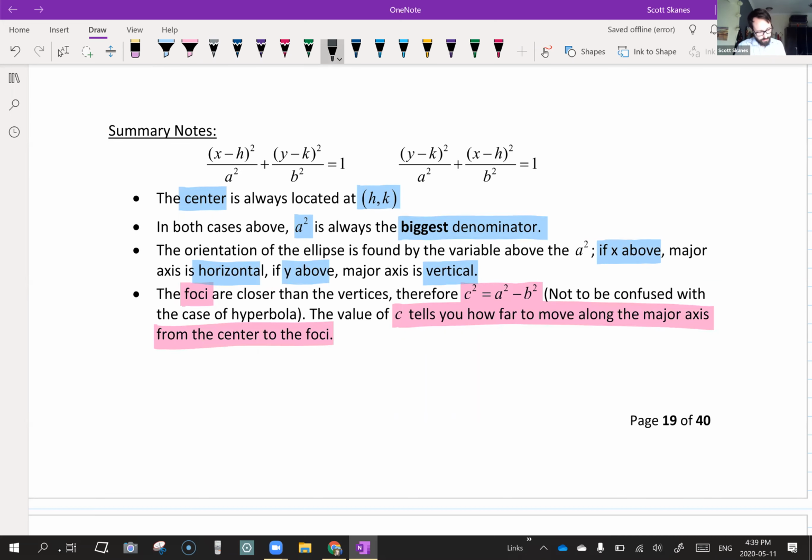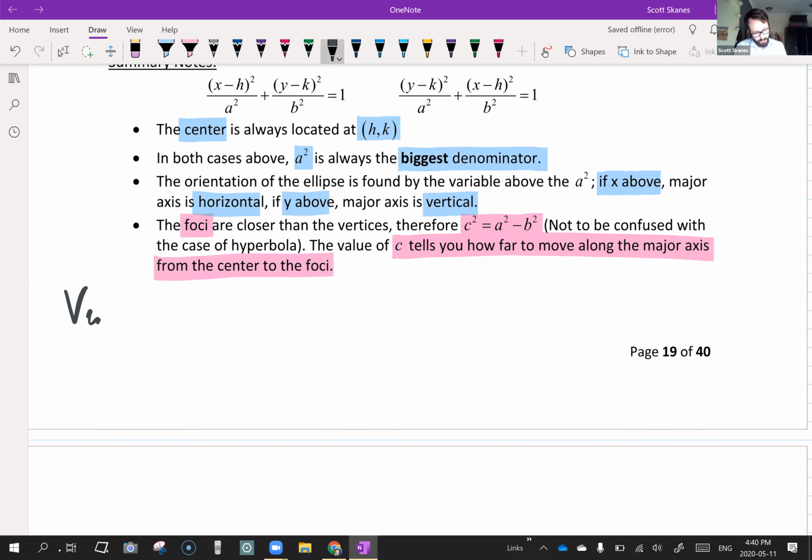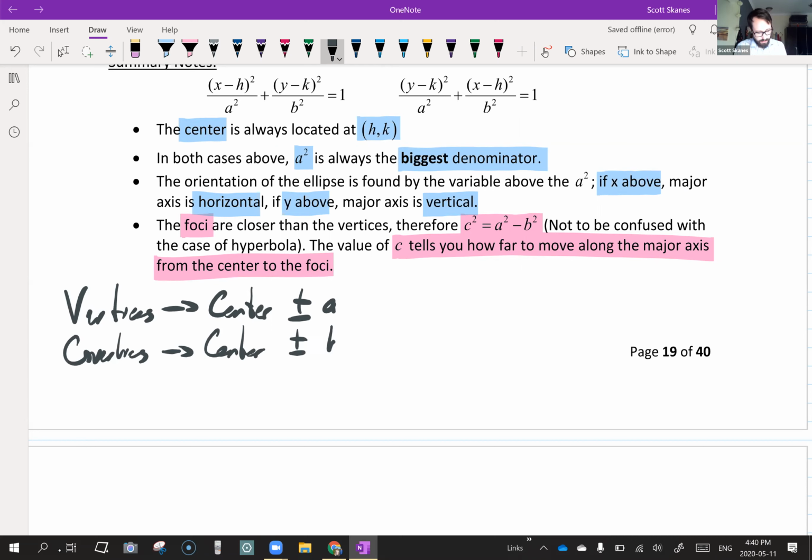Okay, so let me summarize it even better, and then we'll do some examples. Vertices, you find the center point, and you add and subtract a. For covertices, you find the center point, you add or subtract b. For foci, you have the center point, you add or subtract c.